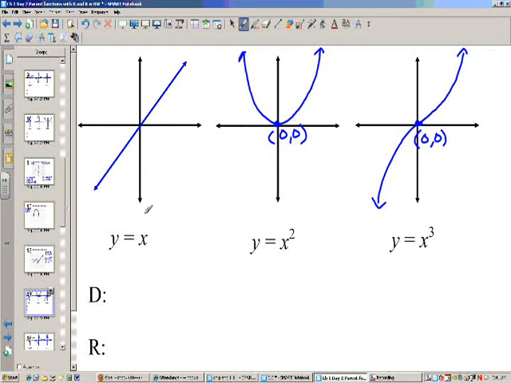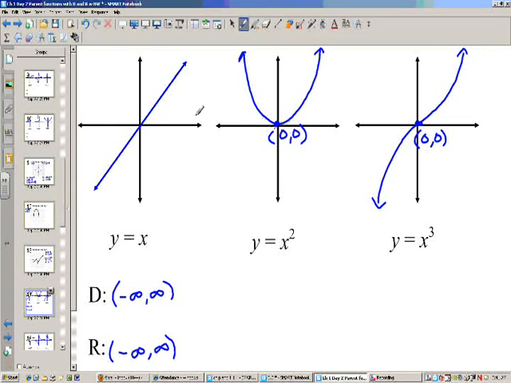And fill in our domain and range for each of these. For this one, we go from negative infinity to infinity, for both domain and range, because it goes up and down forever.